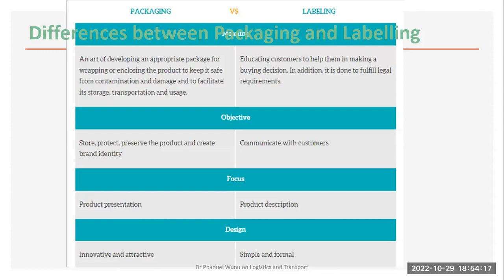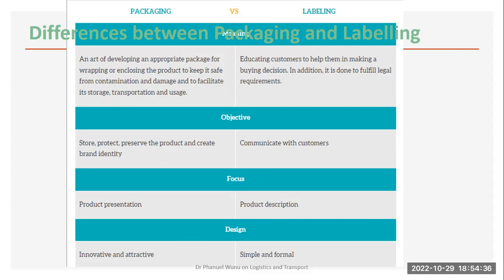So let's look at the difference between packaging and labeling. Packaging talks more about developing an appropriate package, wrapping the product, whilst labels look more at providing information about the product.